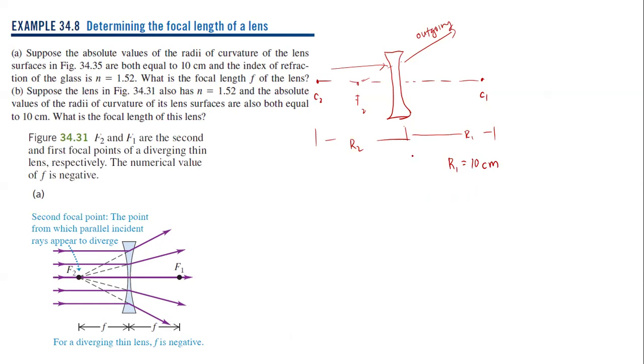Maybe let's treat this first as R1 and the second as R2. This is R1. So the first surface is R1, meaning the second surface is R2.